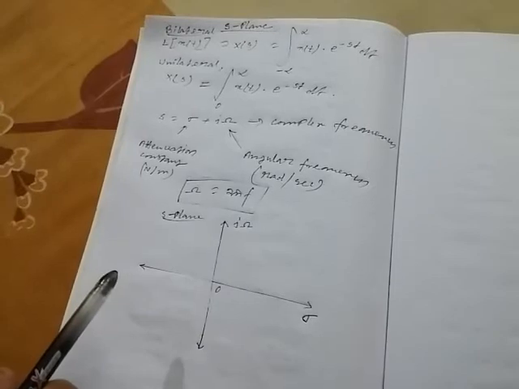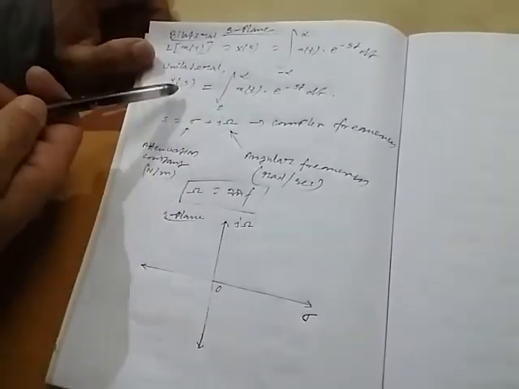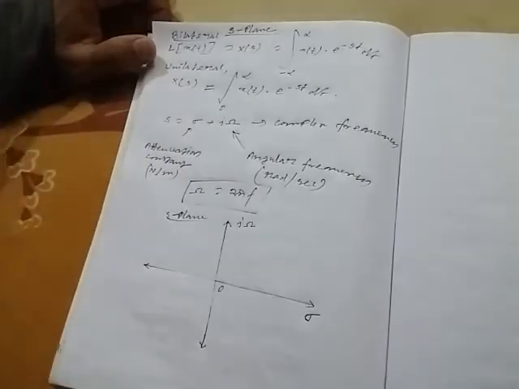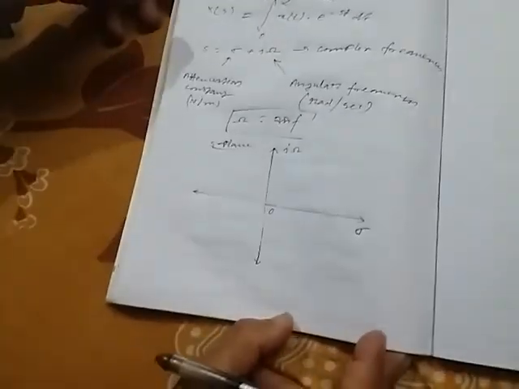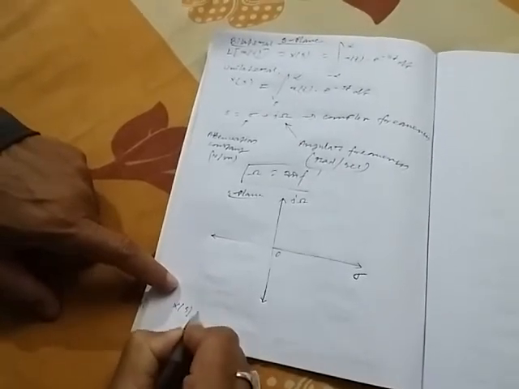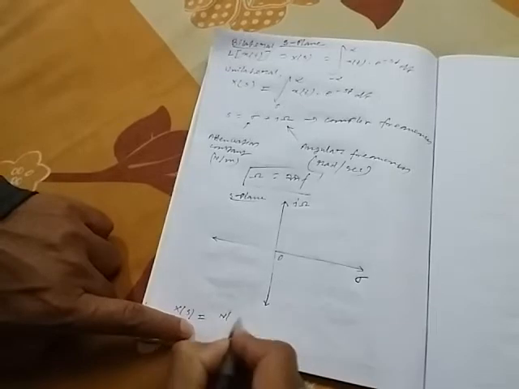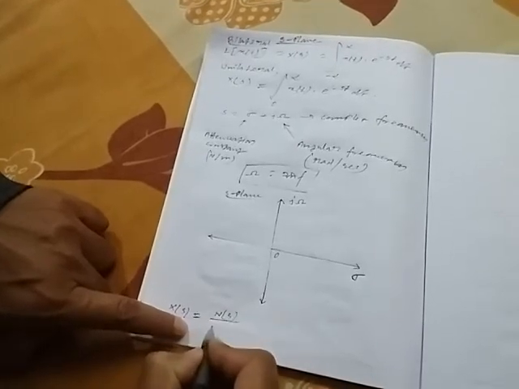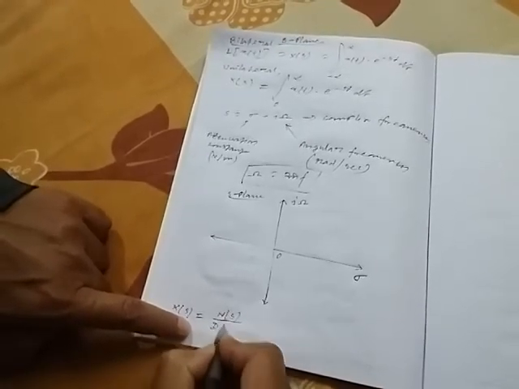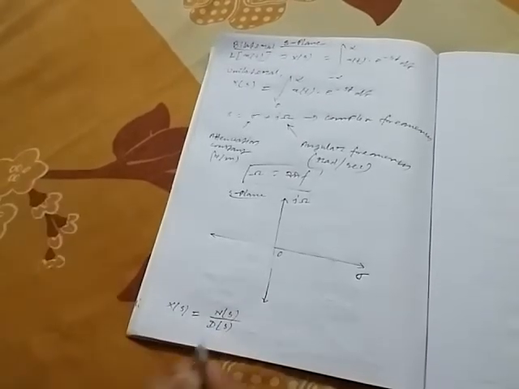Now when we do the Laplace transform of any function x(t), X(s) can be represented by a fraction. X(s) equals a numerator portion, denoted by N(s), over a denominator portion, denoted by D(s). Obviously both the numerator and the denominator are functions of s.